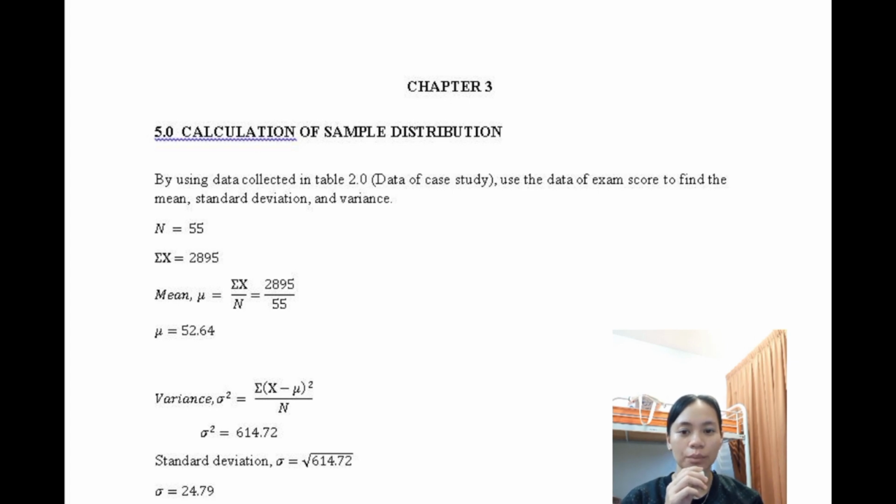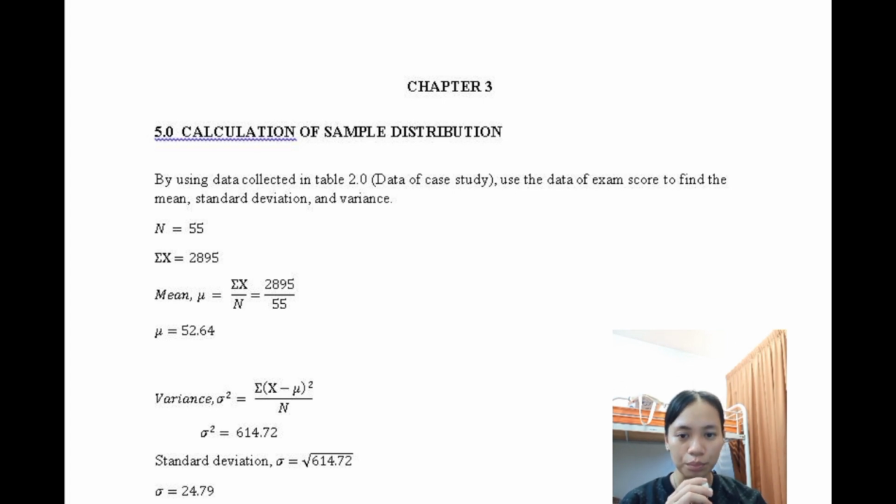So for my part, I'm going to present chapter 3, and I'm going to explain how to calculate the sample distribution. As our data is for a population, we're going to find out the mean, standard deviation, and variance.